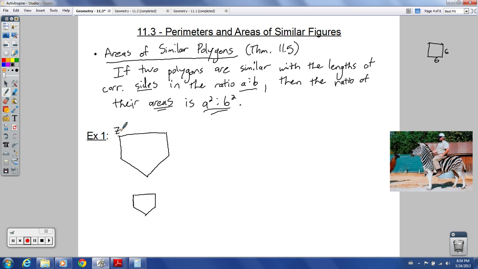And we're going to say this is zebra, and this is joust. And we're going to assume that these are similar shapes. So we're going to say that this is 2 right here, and that this side length is 3 right here.